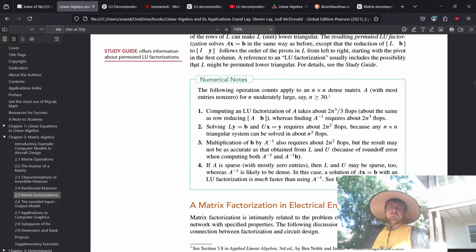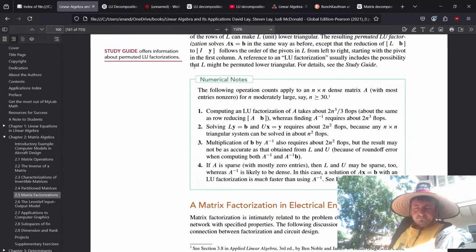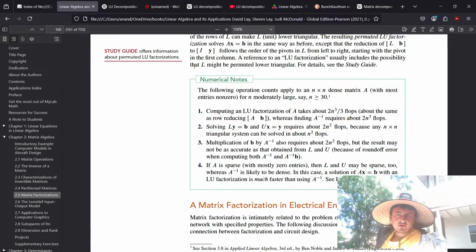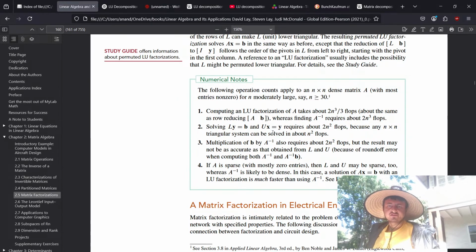Numerical notes. The following operation counts apply to an n by n dense matrix with n greater than 30. Computing an LU factorization of A takes about 2/3 n cubed.